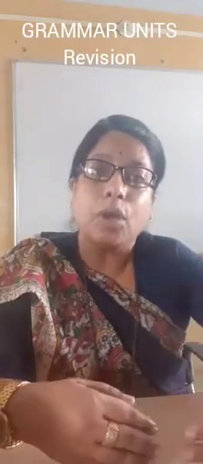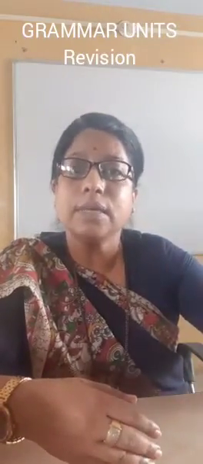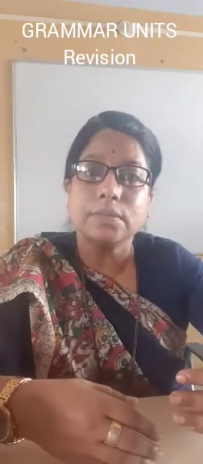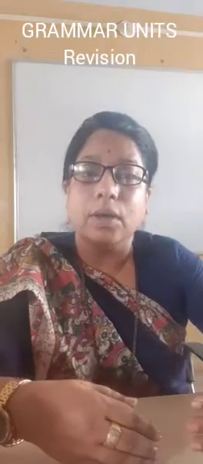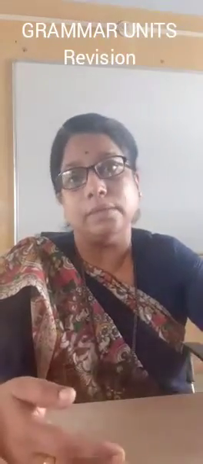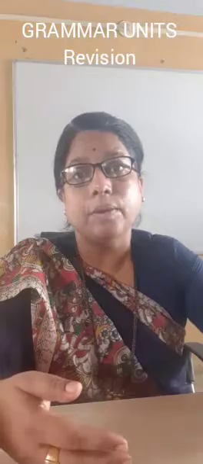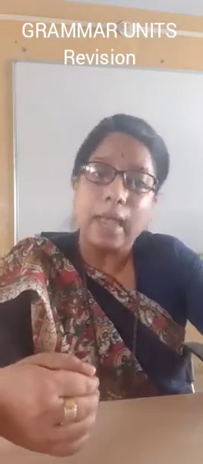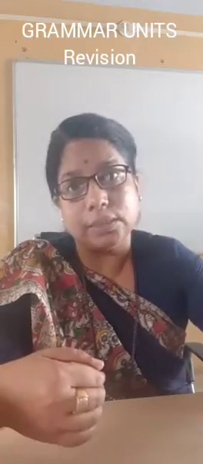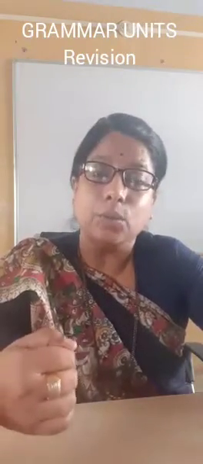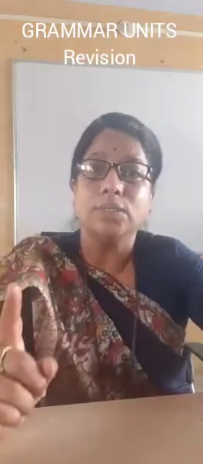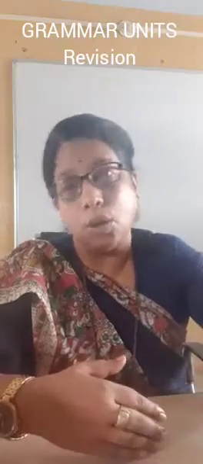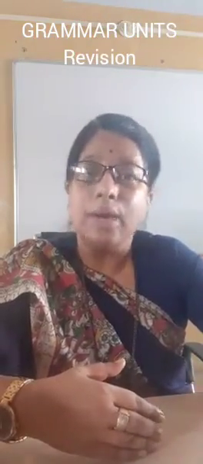Then after clause we have the next level in the study of grammar in this hierarchy, that is known as the sentence. Clauses come together and they make bigger sentences. Sentences are of two types: simple sentences and multiple sentences. Simple sentences are those having only one clause in them, and the sentence that is made up of more than one clause is known as the multiple sentence.